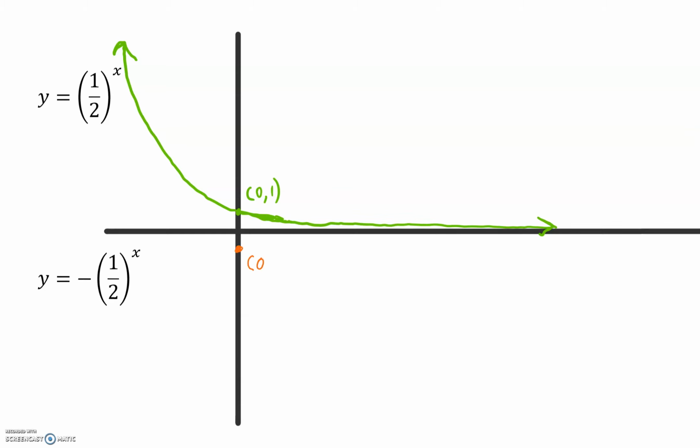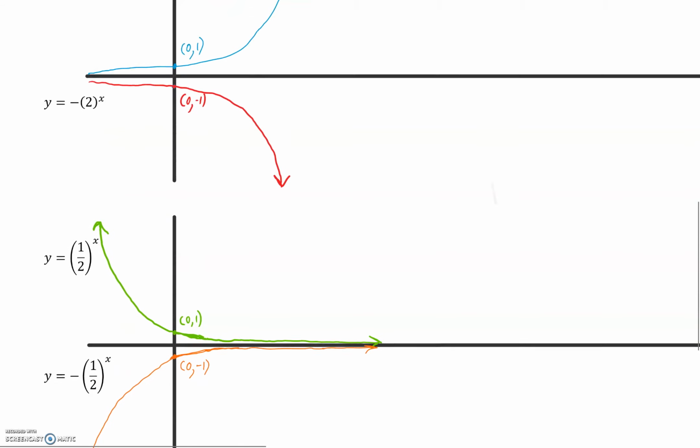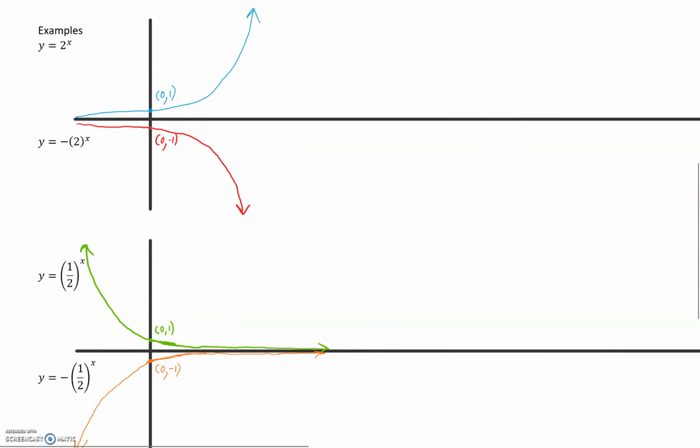So you get a good idea of what this should look like. You kind of have to imagine a perfect curve. There you go. So now we can see that if it has a positive a value but a fraction, it's like this green graph. Actually, maybe let's zoom out so you can see all four at the same time.